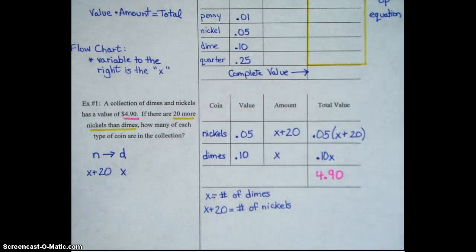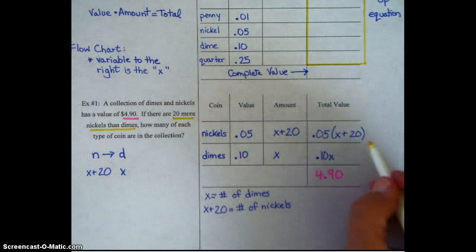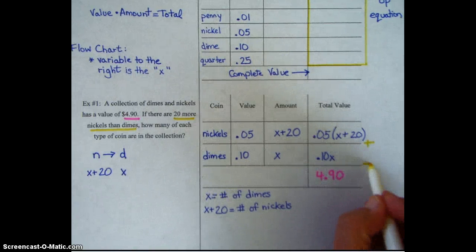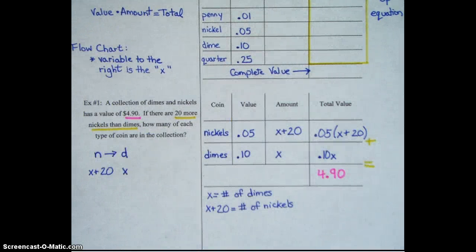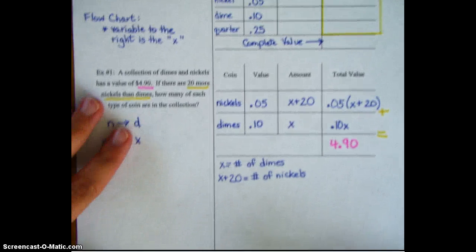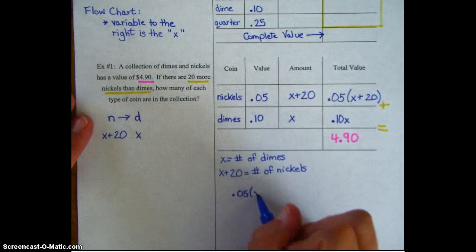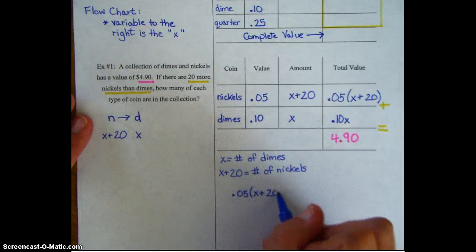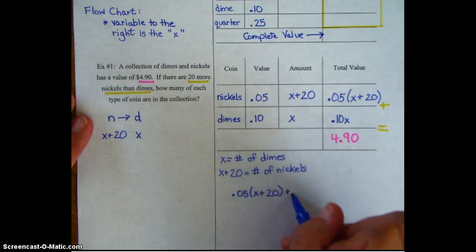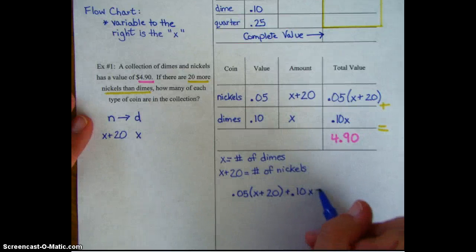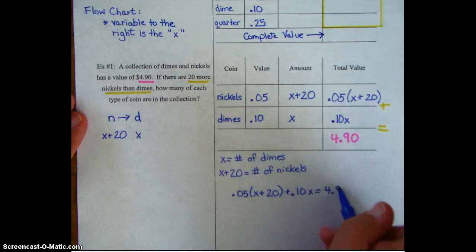To set up the equation, we're going to add this box with this one and set it equal to the bottom. So, for our equation, we have 0.05 multiplied by the quantity x plus 20, plus 0.10x, equals $4.90.